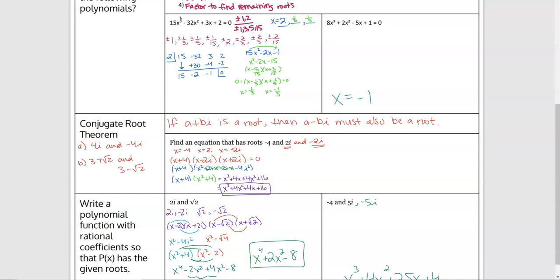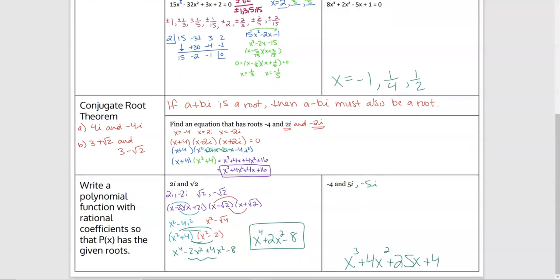Use that for synthetic division. And then the other two you get after you factor should be 1/4 and 1/2. Okay, so if you want to use those to practice, you can. You also have a practice worksheet. But at least those, you know what the answer should be, right? So if you want to do those first, make sure you know what you're doing, and then go to your worksheet, you can. What's up?